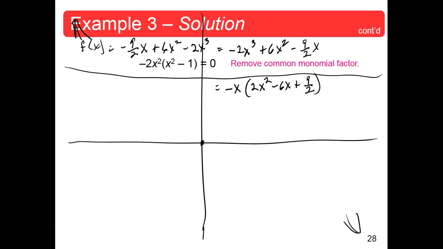Quadratic expression. Now, one thing we could do is get this in its standard form. And how would we do that? I'm going to leave that minus x alone here. What's the first step to get this in standard form? Factor 2, the A term, out of the first two terms, the x terms.